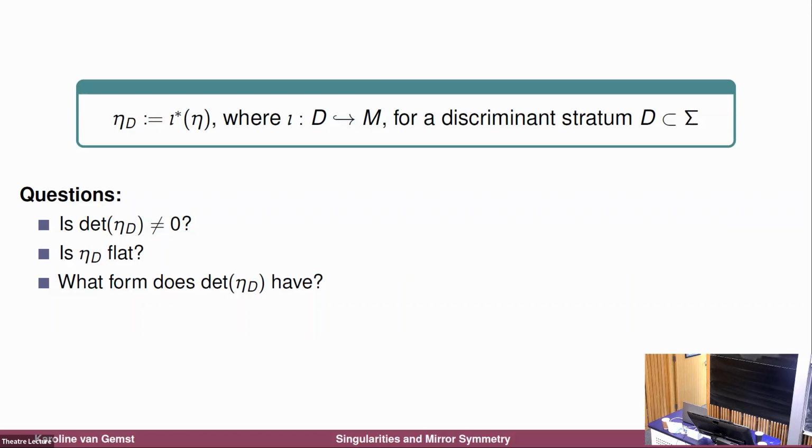And the final one, what form does it have? So can we find some kind of nice factorization? That third question is inspired by the fact that upstairs in the Frobenius manifold, you have a factorization of the determinant of eta in terms of the defining polynomials of hyperplane arrangements.